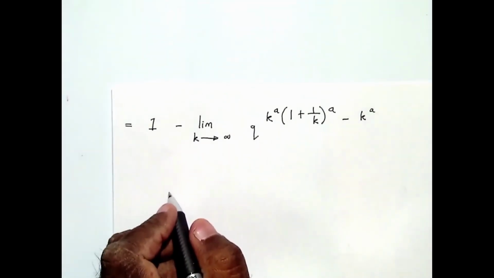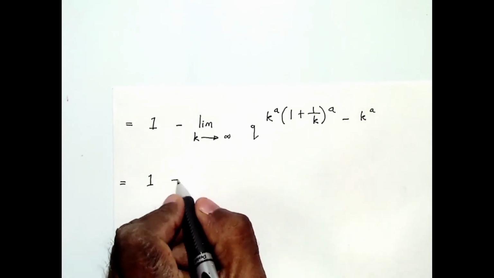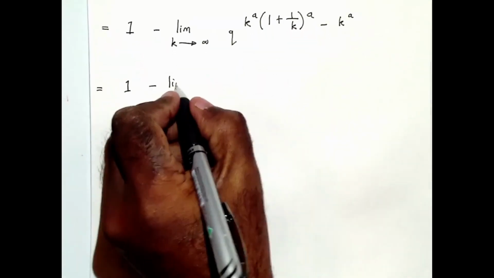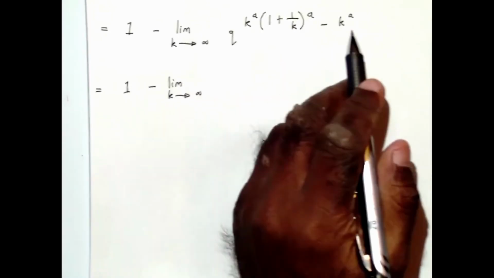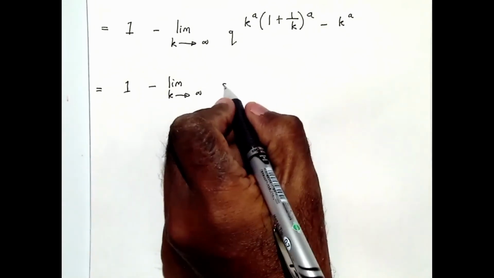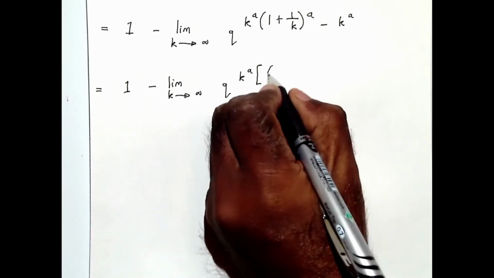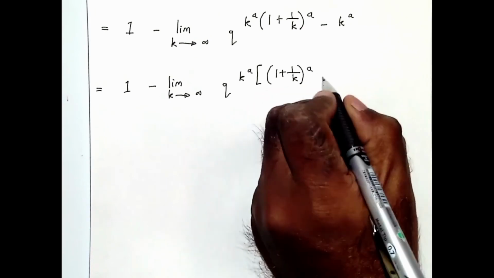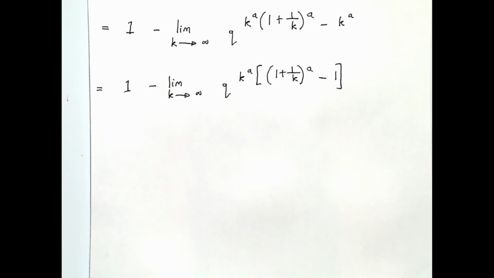Okay. Now this you can write like this. These two are common factors, so you can write it like this.